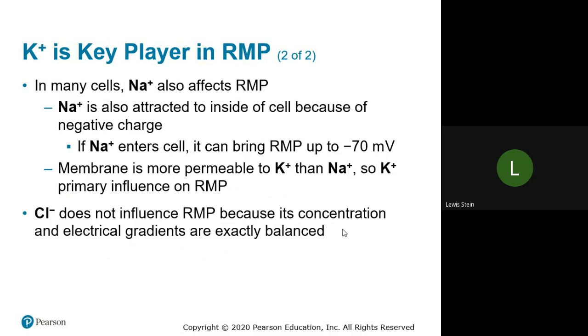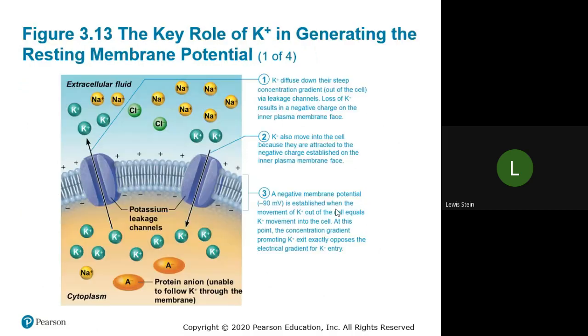We'll get into chloride a lot when we look at certain neurotransmitters. Those are chloride-gated channels, and the movement of chloride when we get to proton pumps is very significant. We're making hydrochloric acid in the stomach, what they call the chloride shift. That's an important area to get into.